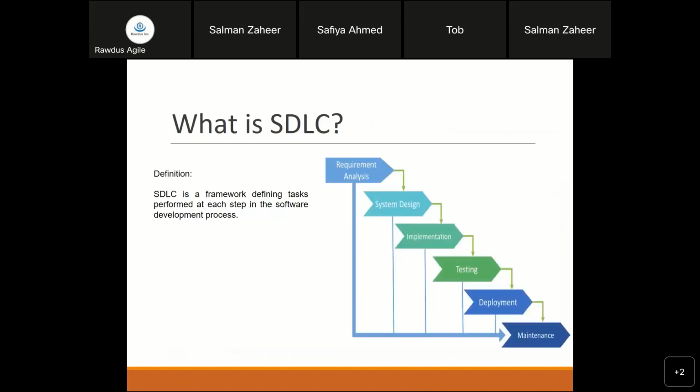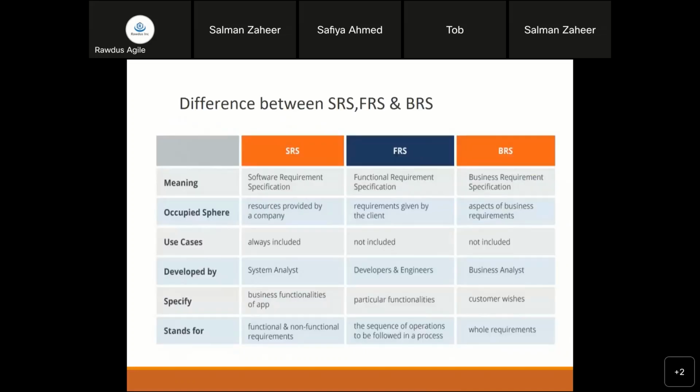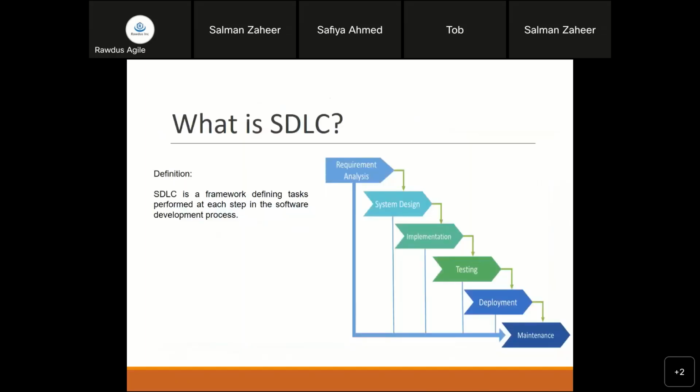Thanks. Okay, so your requirements come up from the client in three formats: SRS, FRS, and DRS. How can you fulfill that requirement in the software development life cycle? There is a life cycle called the software development life cycle.